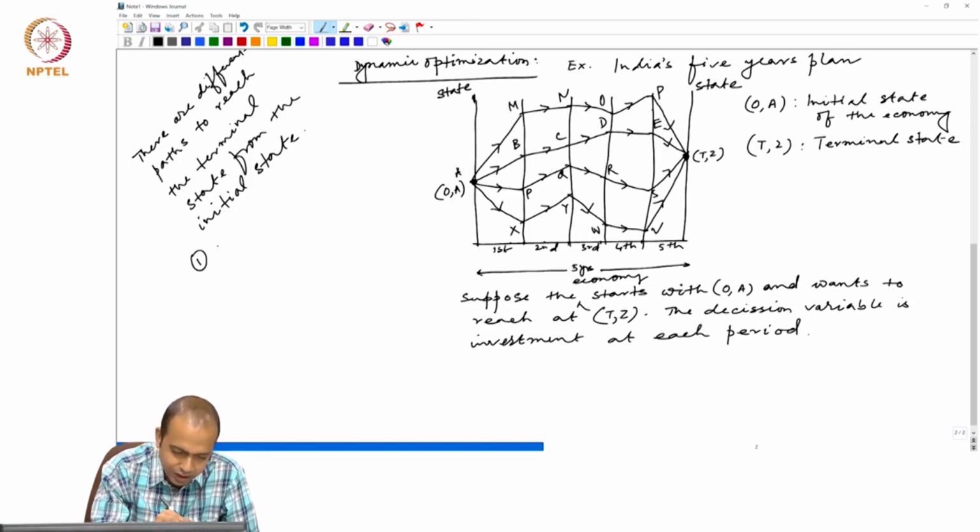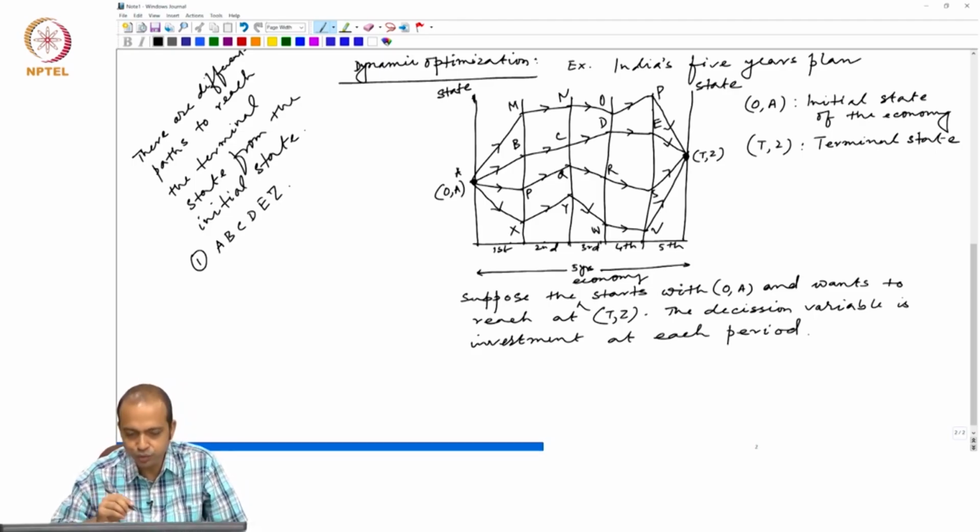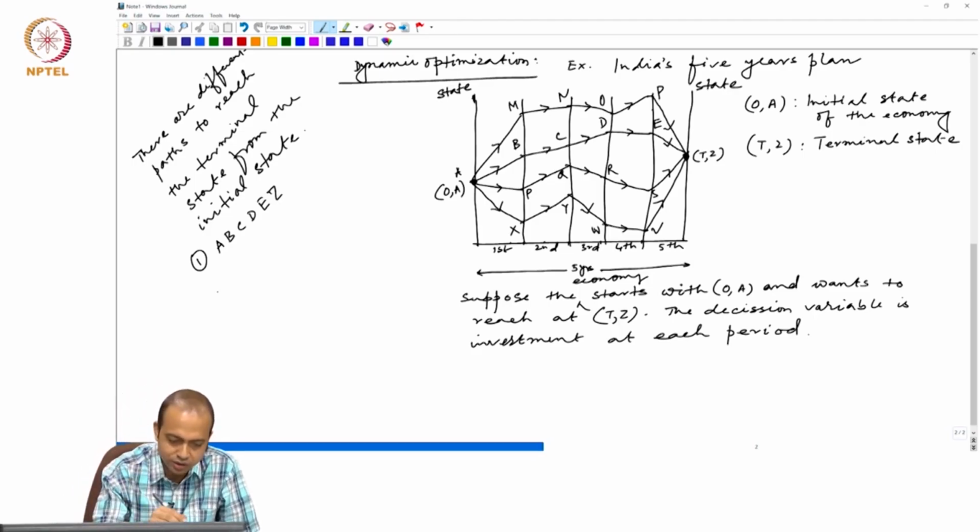Let us say, A, B, C, D, E and Z, this is where we want to reach. This is one path.